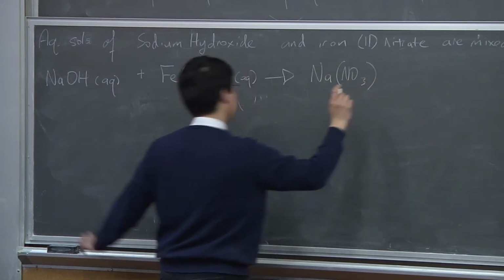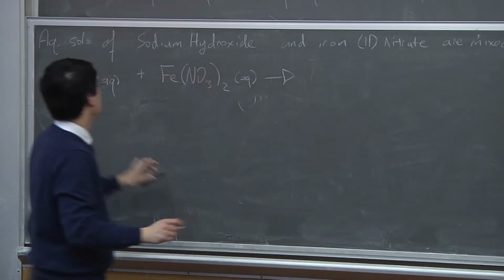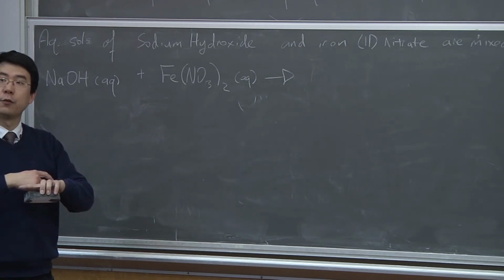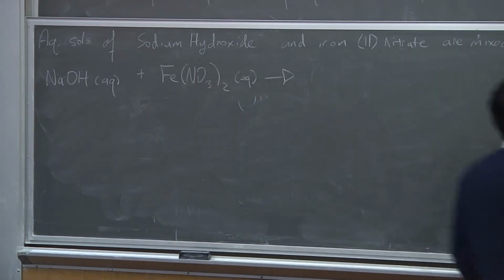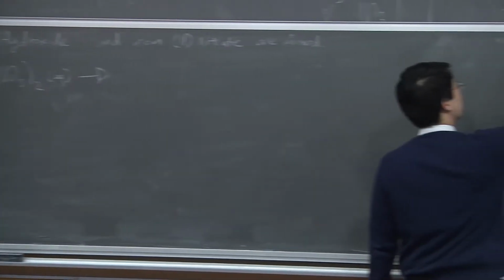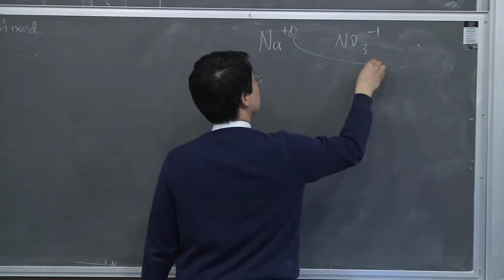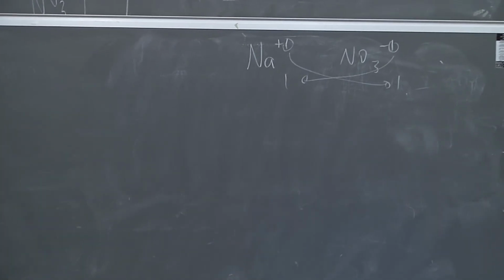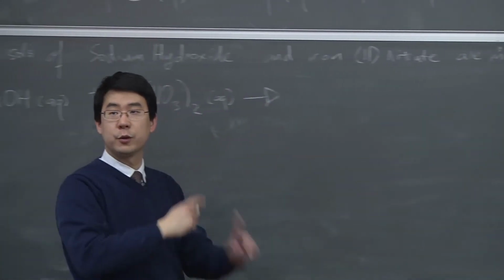What do we have to do for each new species, each product that we get? We have to do the crossing over again. Right? So Na is plus 1, NO3 is minus 1. So it's going to be 1 and 1. This 2 here has got to get taken care of when we balance the equation, right? Not when we do the crossing over, not when we do the switching.